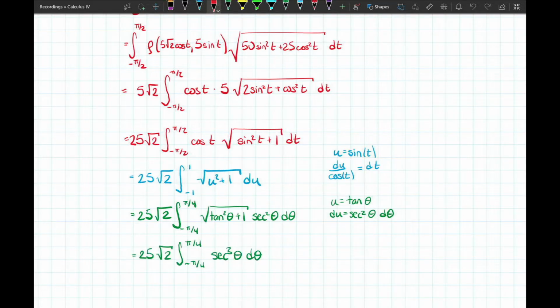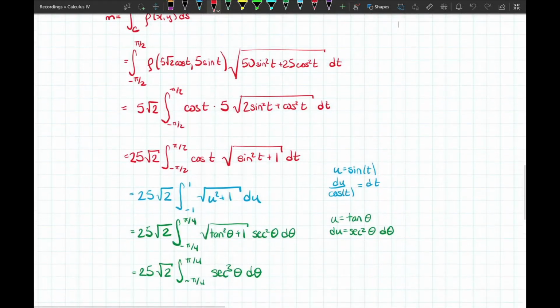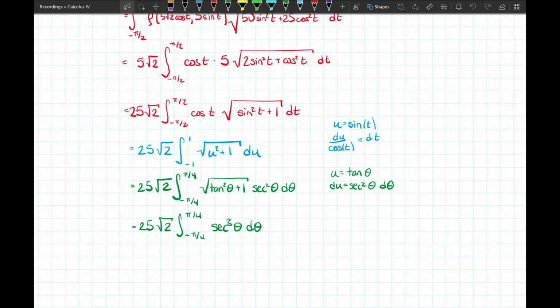Okay, now, at this point in time, you can see that this is just going on, and every step of the way, we're trying to make this look like a slightly more simple integral. And even this is looking great. Secant cubed is fairly nice and straightforward, but at this point in time, you might not really remember how to integrate secant cubed theta.